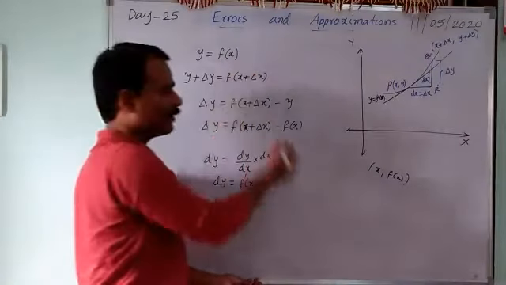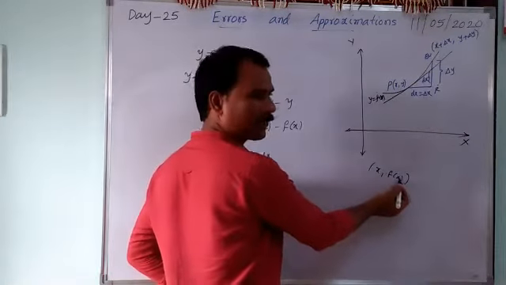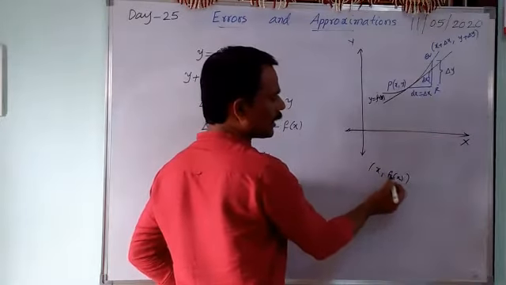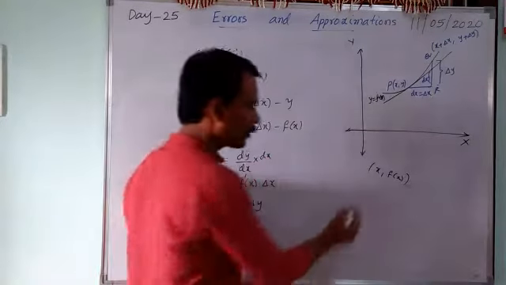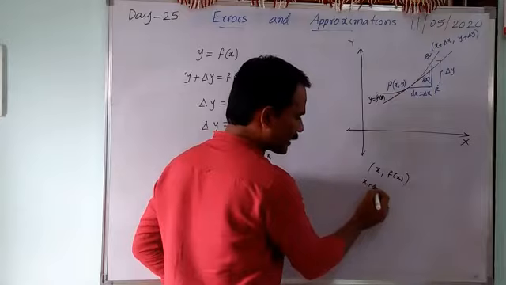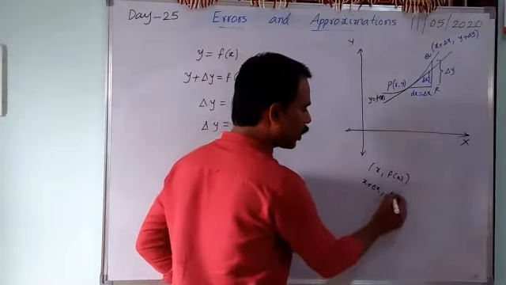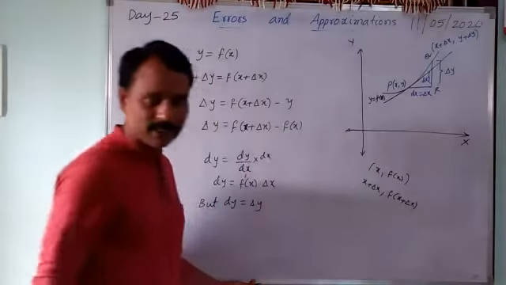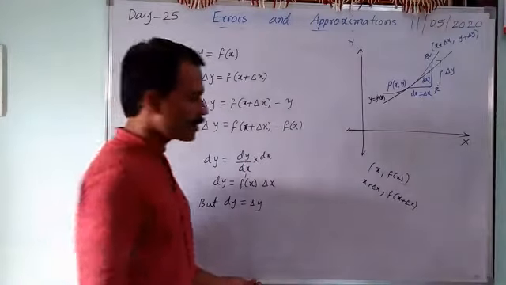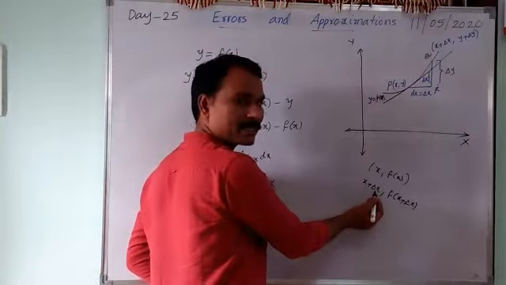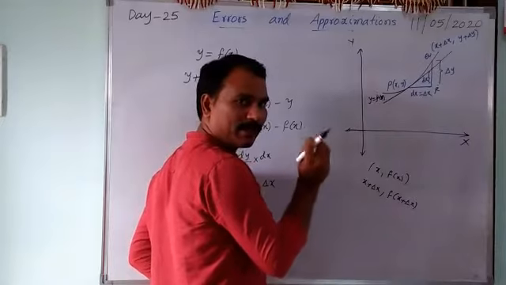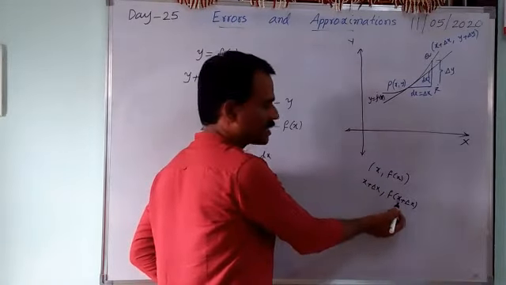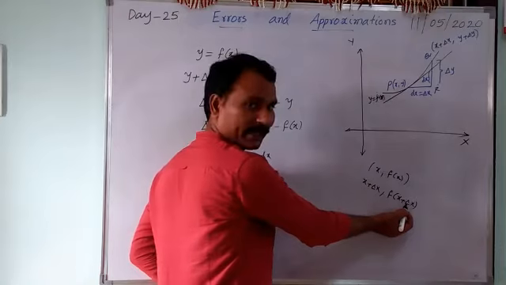So x plus delta x means something changes in x, and automatically the corresponding element also changes, that is f of x plus delta x.